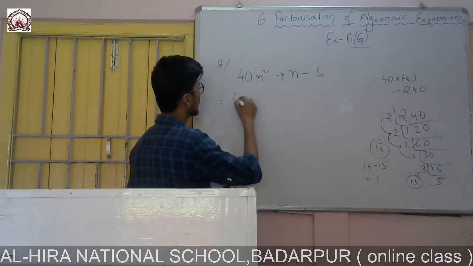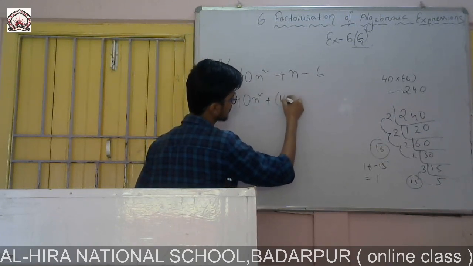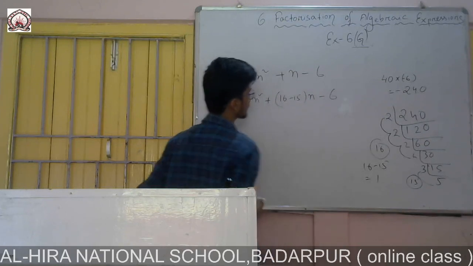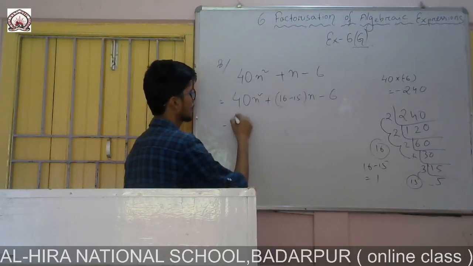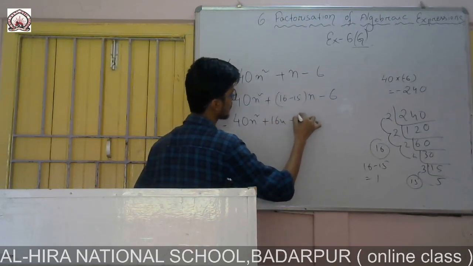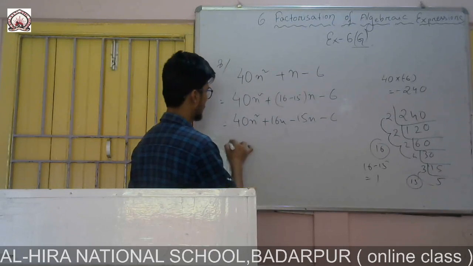In place of 1, I can write 16 minus 15, and there it will be n, and at last minus 6. So 40n square plus 16n minus 15n, at last minus 6.